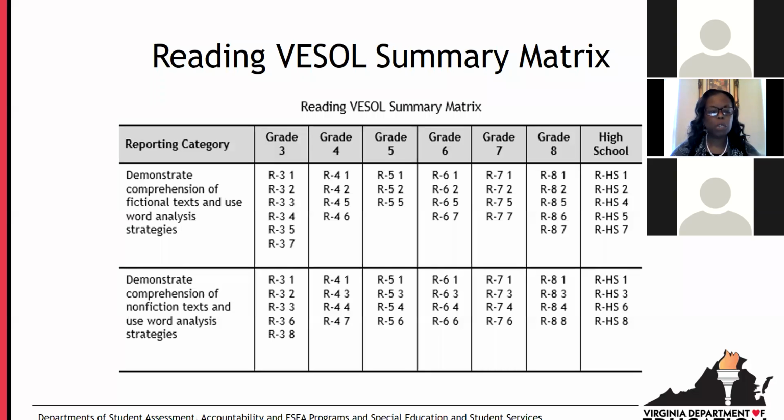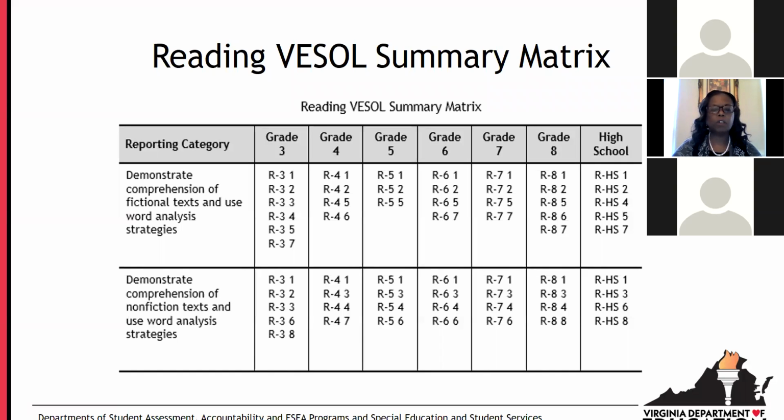So in reading, we have 2 reporting categories: to demonstrate comprehension of fictional text and the use of word analysis strategies. Then the second reporting category you see on the screen focuses on comprehension of nonfiction texts.